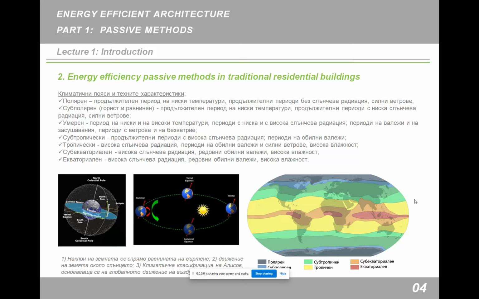And the next two that can be combined, these are subequatorial and equatorial climate zones with constant high solar radiation and high temperatures and everyday massive rains and very high air humidity.